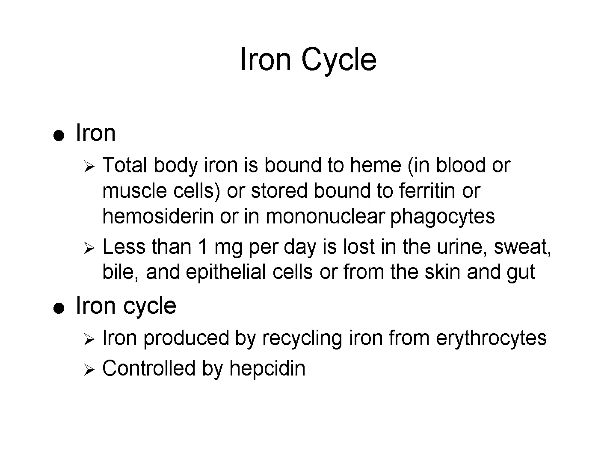Most iron is either bound to heme within blood and muscle cells or stored as ferritin or hemosiderin within macrophages. Only a small amount is lost daily through urine, sweat, bile, or skin shedding. To conserve iron, the body recycles it from aging erythrocytes, a process tightly controlled by the hormone hepcidin.